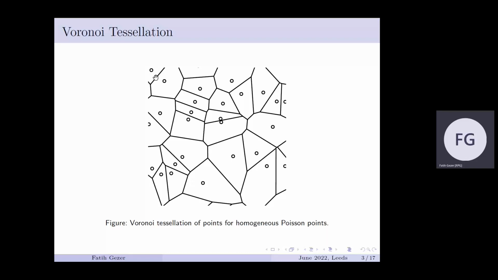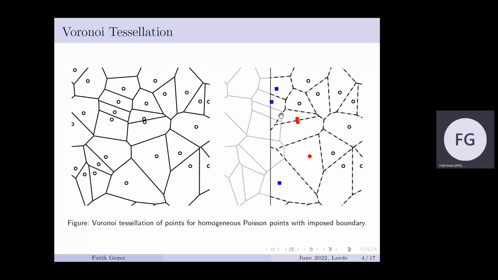We don't see any boundary in this example. You can think of these points as being on a larger space, but we just sampled some of them in the interior space. But we are interested in what happens when boundaries are imposed on the Voronoi cells.